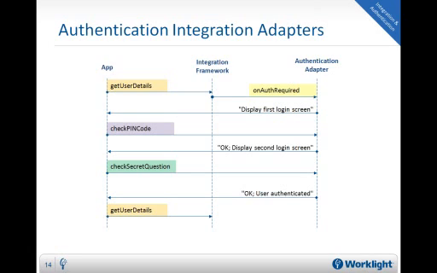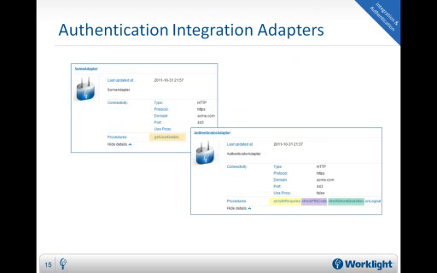The authentication adapter validates the PIN code and further drives the authentication process by instructing the app to display the second login screen. Now, the application displays a secret question to the user and invokes another procedure of the authentication adapter. And upon success, the authentication adapter responds positively, and the app can retrieve again the sensitive data, this time successfully.